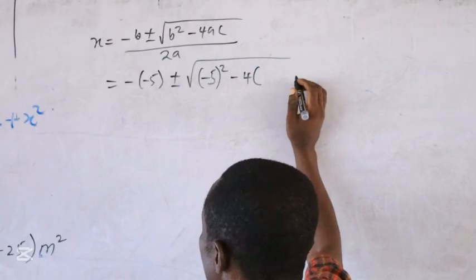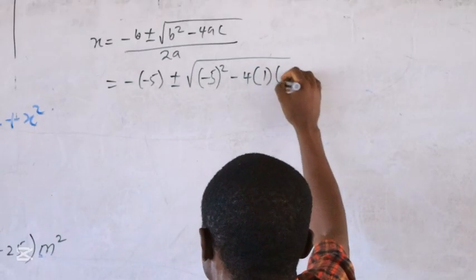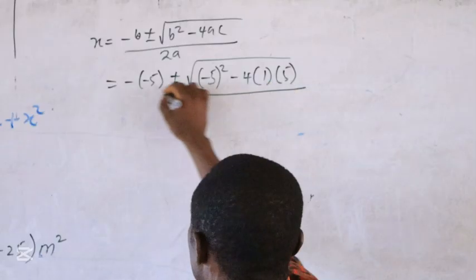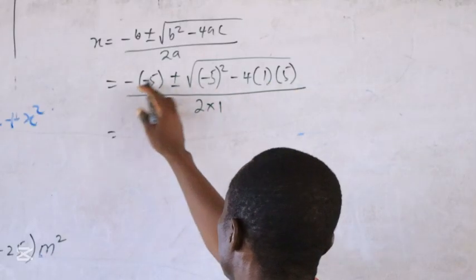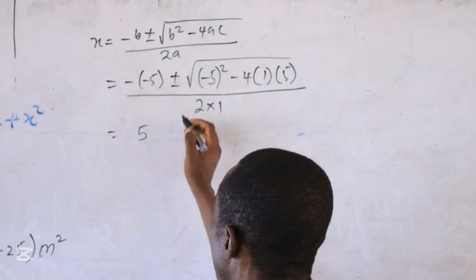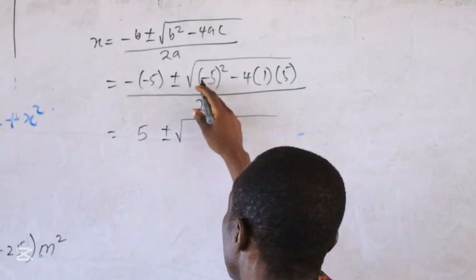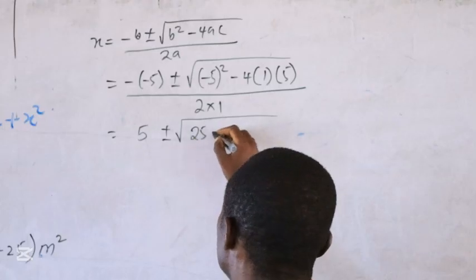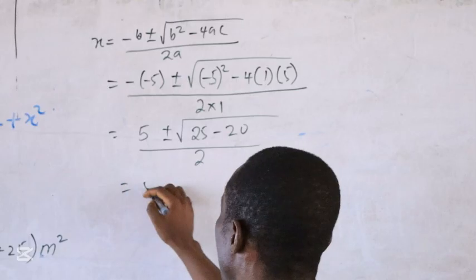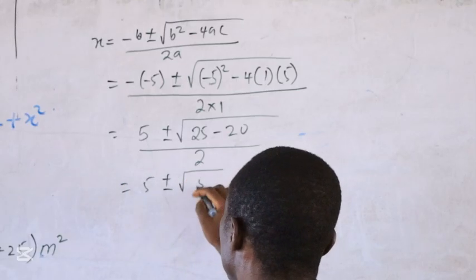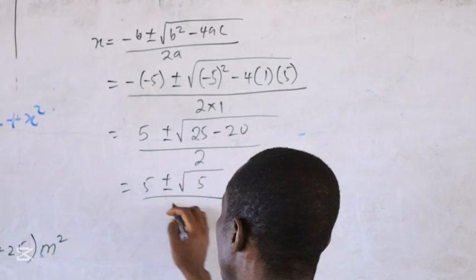Minus 4 into what is a? 1. And what is c? 5. All over 2 times what is a? 1. Okay, we have minus times minus, plus 5. I mean, plus or minus. Minus 5 squared will give you 25 minus 20, all over 2. We have 5 plus or minus square root of 5, all over 2.